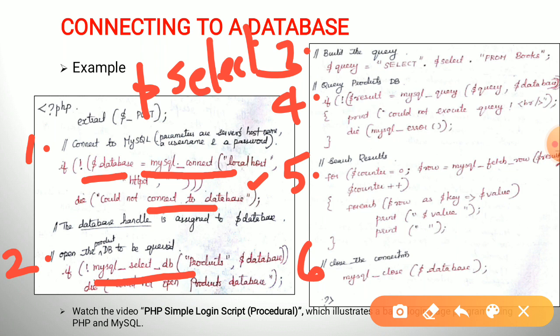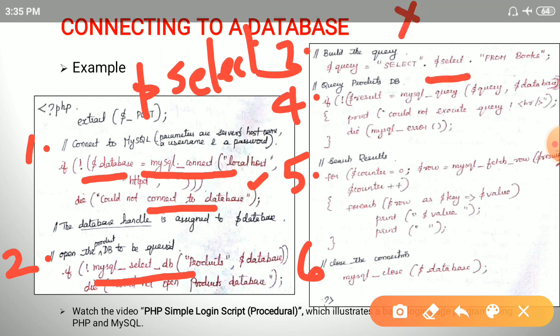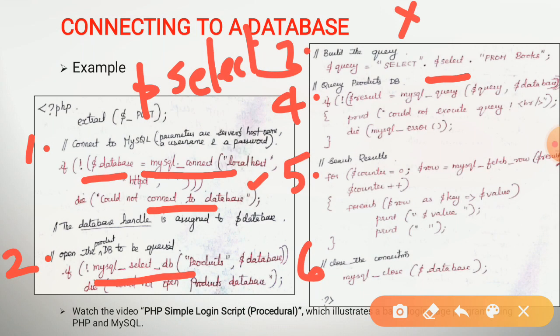Based on the requirement we have to make this query. So $query equals select $select from books. This $select can be star, ID, category or title. Books is the name of the table.